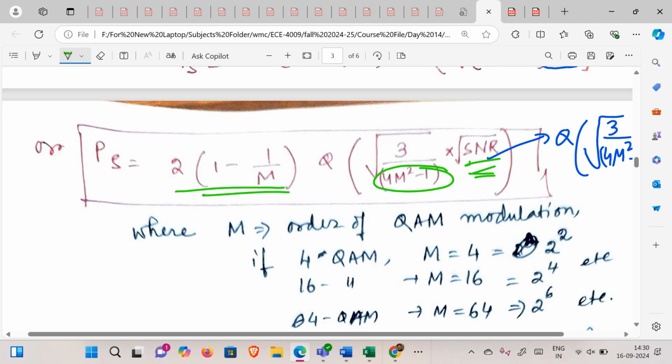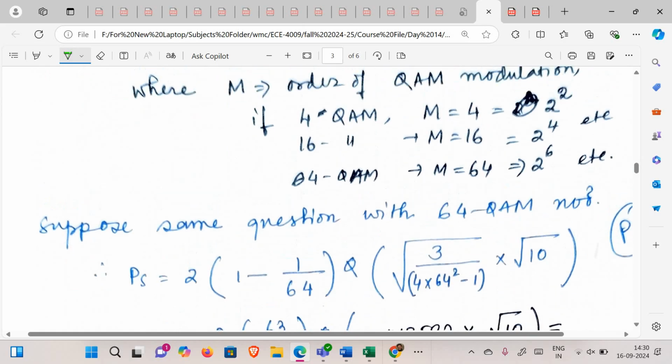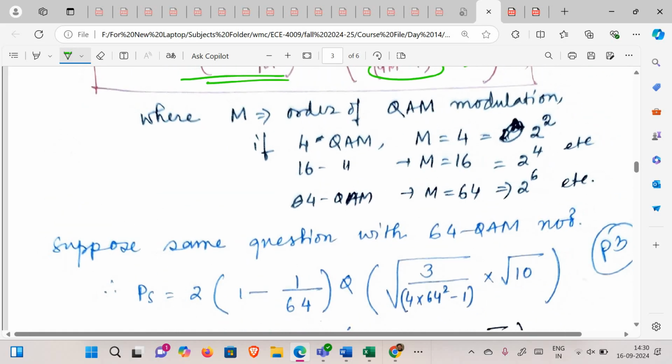I think these formulas are readily available. Please make a note of these formulas, because you might get a question where you have to compare the probability of error in a wired connection with respect to BPSK and QAM. The same question that we did with BPSK. Now let us see what happens when we use a QAM modulation.